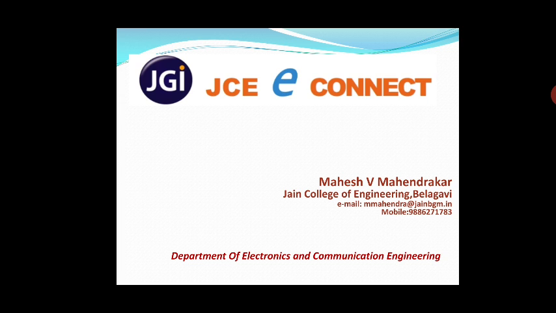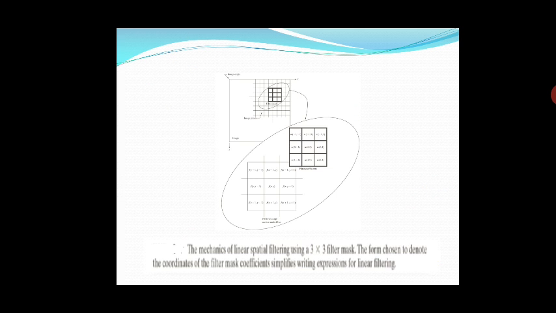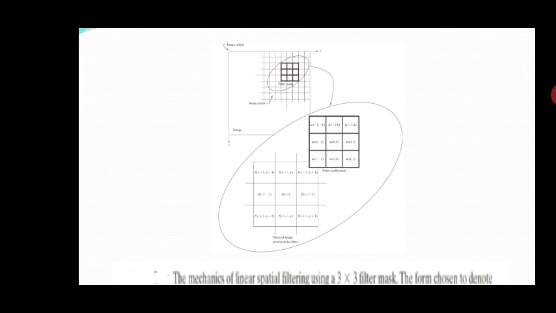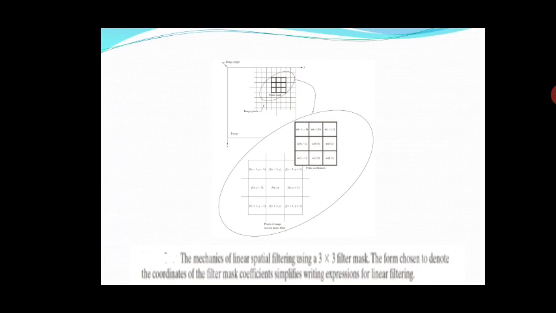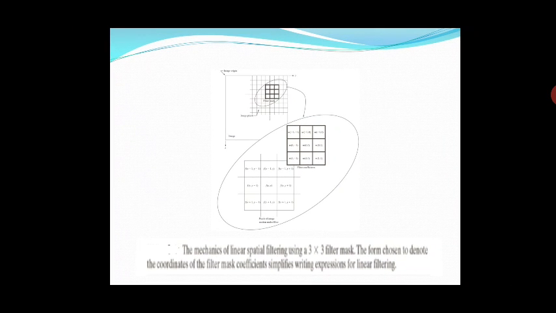We will see the numericals based on convolution and correlation. This is the image we are performing operations on. The image will be represented with F, and the kernel or window will be represented with W.